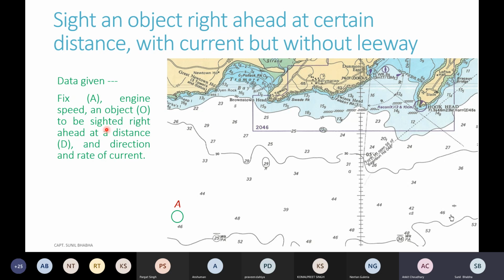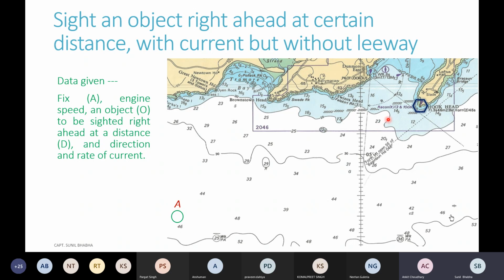So let's try to plot this information onto the chart. We have the chart on our screen. Let's first plot our initial position. You can see the initial position marked by this green color circle. Let's name it as A. This is our initial position.